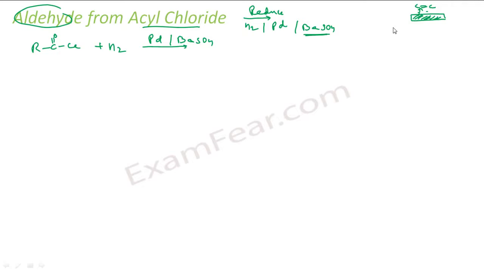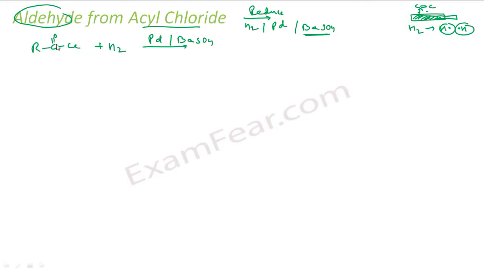You have this palladium catalyst, it's a metal surface. The hydrogen bonds easily break, and we can get H minus also. So what happens is in this palladium catalyst, hydrogen actually breaks into two hydrogen free radicals. Now, for example, I have this RCOCl, so this chlorine will easily be replaced by this hydrogen, correct? Why?